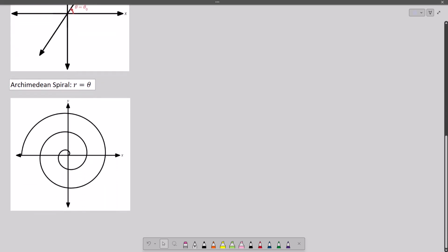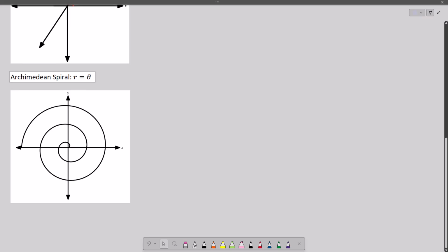And the other equation that we often look at is the identity equation. When we think about Cartesian, the identity equation is where you set your two variables equal to each other, y equals x. That's what that looks like in Cartesian. We get that diagonal line. In polar, the identity equation is going to be that spiral.